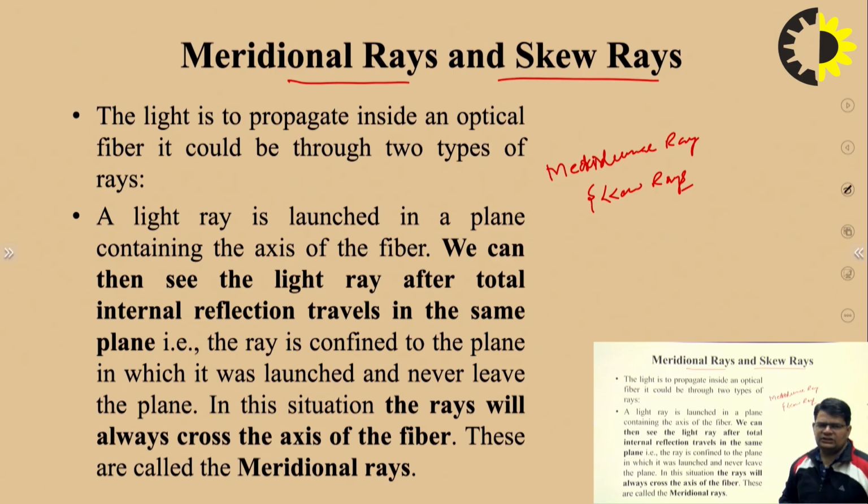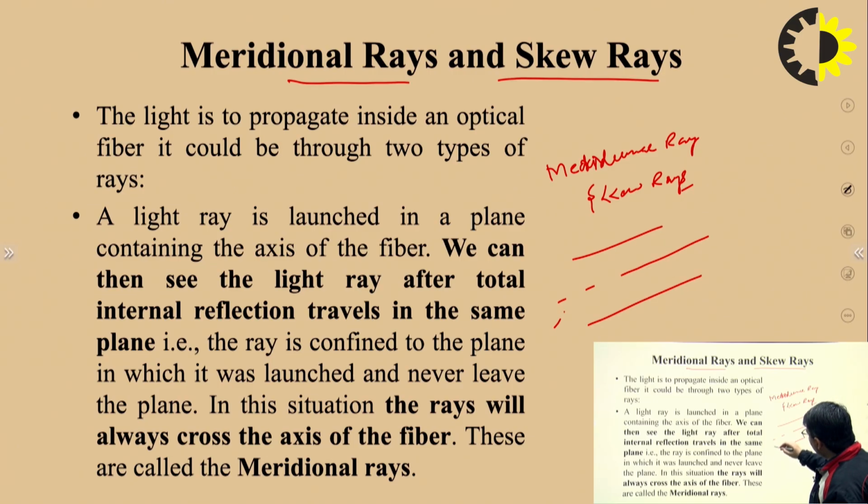The main difference is: the meridional ray, let's say this is the fiber, this is the axis of the fiber. The meridional ray cuts or passes through the axis of the fiber while propagating through the fiber, whereas the skew ray, which is generally observed through the cross-sectional view, the light is propagating in this way.